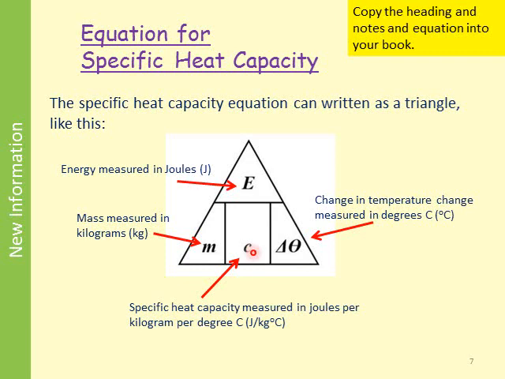If you want to find specific heat capacity, you multiply mass by temperature change, and then divide this answer into the energy. And just remember your units for specific heat capacity. Again, a little bit tricky, but it's joules per kilogram per degree Celsius.